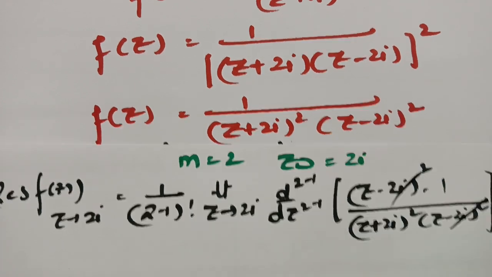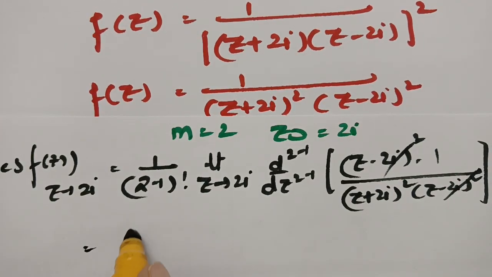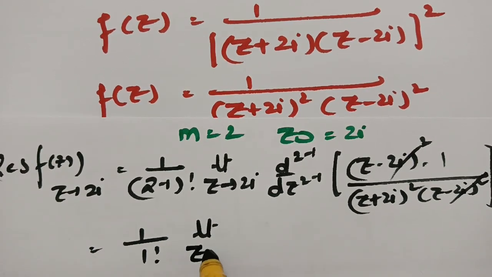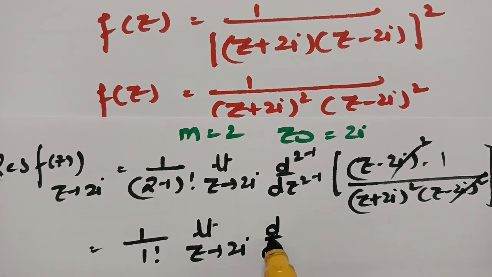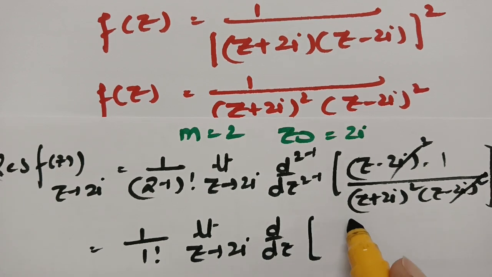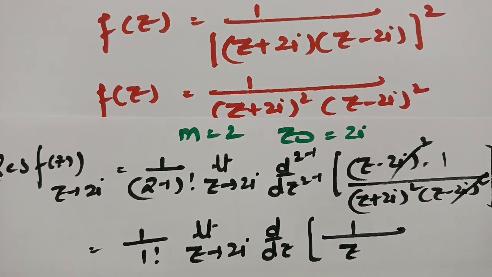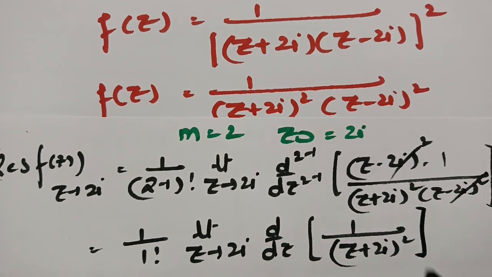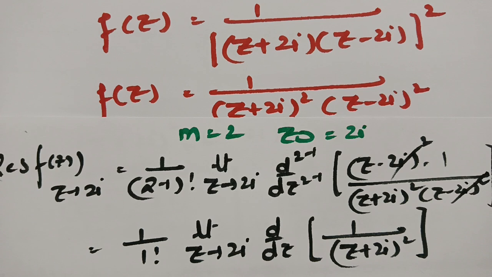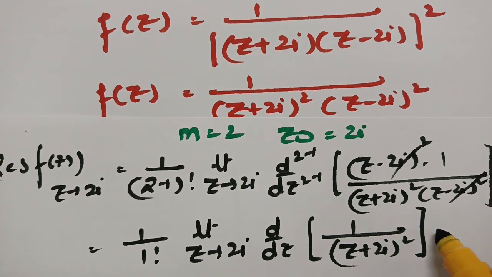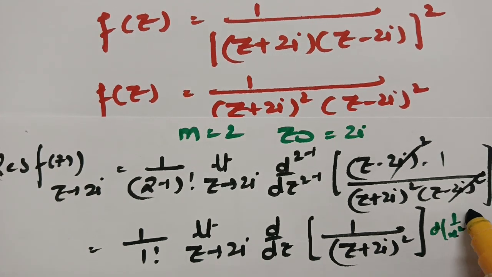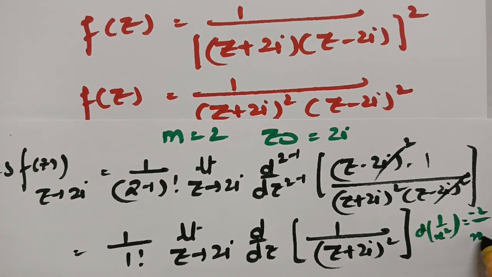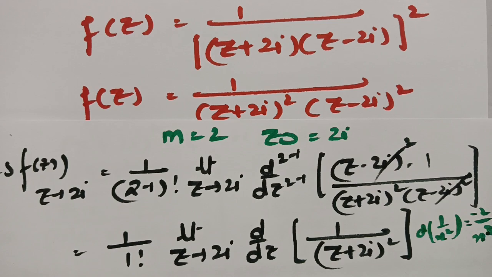So if I cancel these two, then see, this will be 1 by 2 minus 1 factorial, which is 1 factorial, limit z tends to 2i, d by dz of 1 by z plus 2i square, and again the derivative, see here I am writing the derivative of 1 by x square is nothing but minus 2 by x cube.